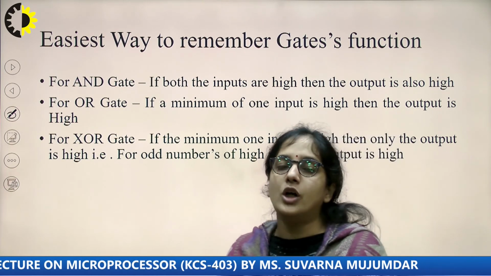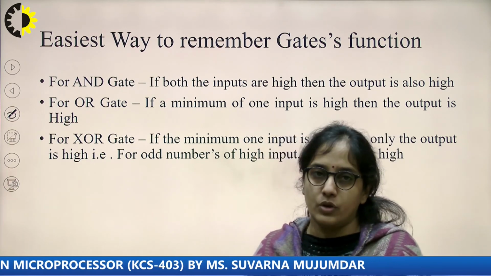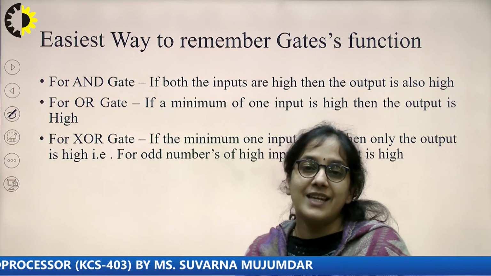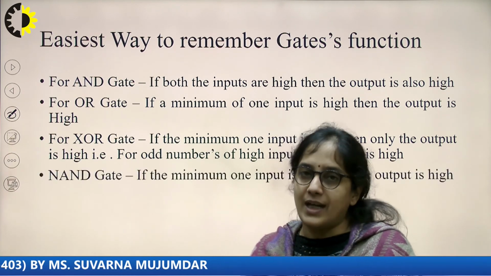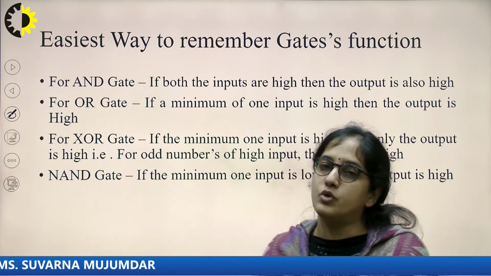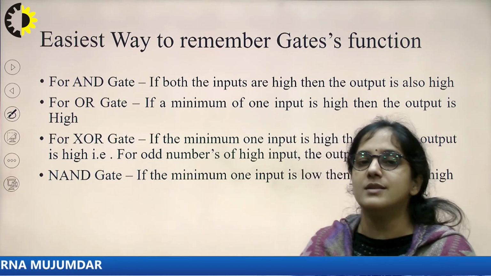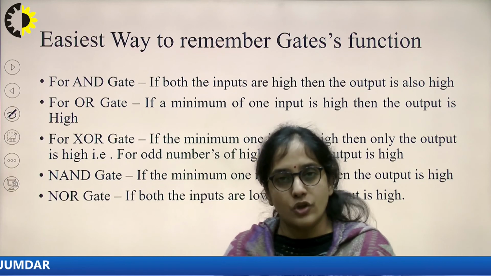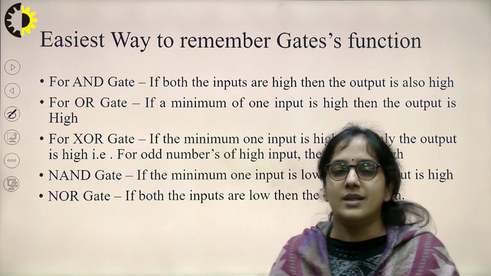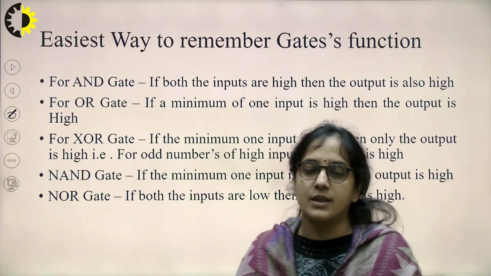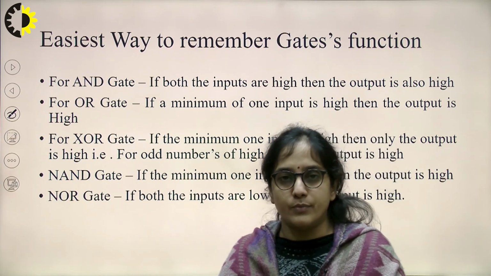In the case of the NAND gate, if minimum one input is low, then the output is high. In the case of the NOR gate, if all the inputs are low, then the output is high.